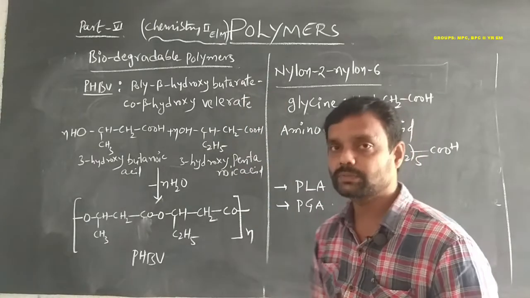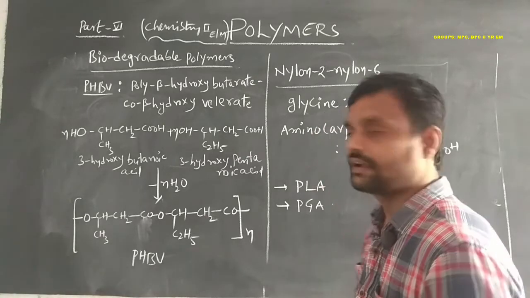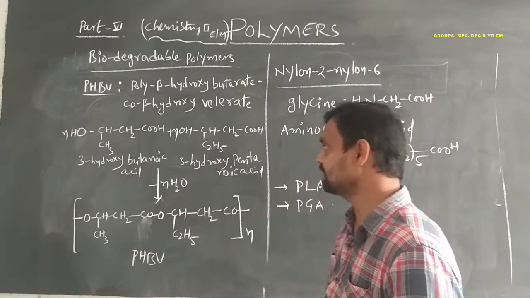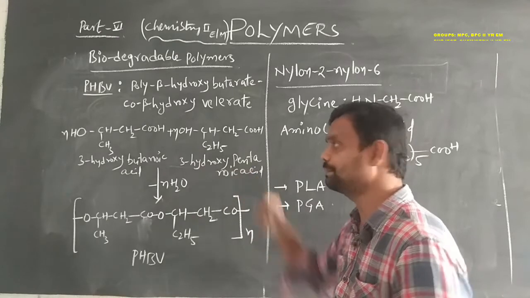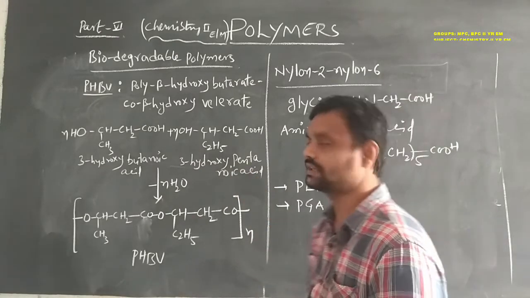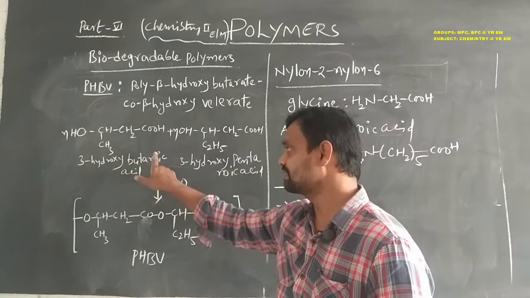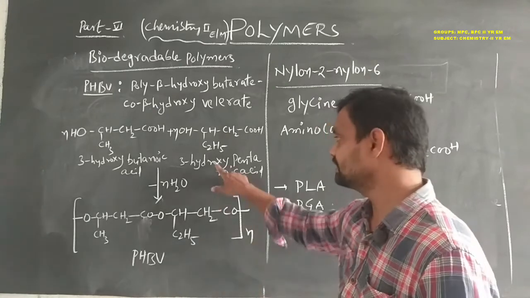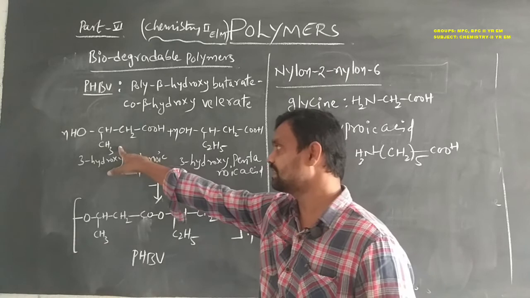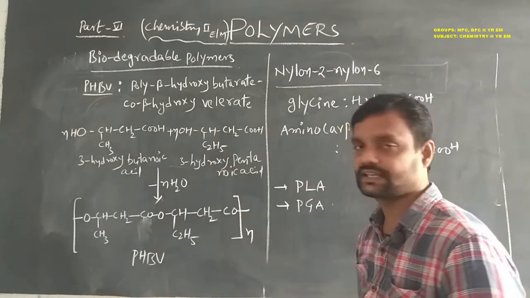This biodegradable polymer can be obtained by using two types of monomers: 3-hydroxybutanoic acid and 3-hydroxypentanoic acid. These are the monomers of the PHBV polymer, and this is the structure of each.